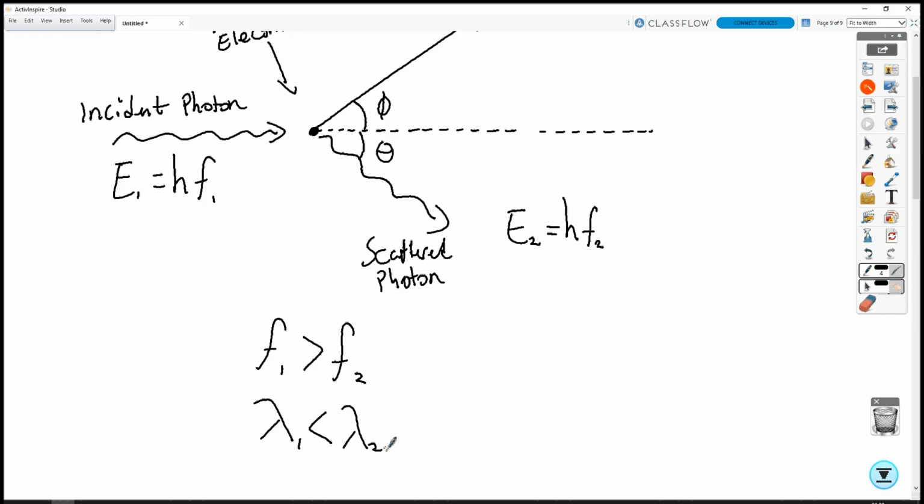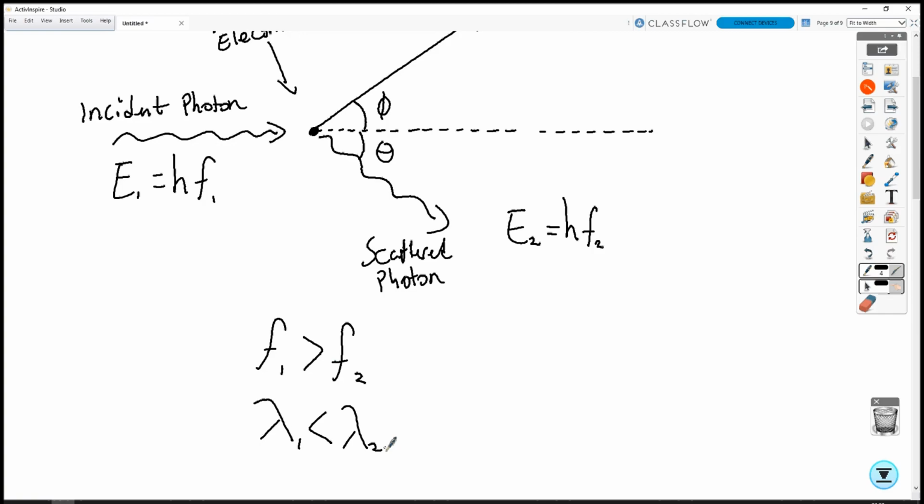So the vertical momentums cancel each other out, and the horizontal momentum of the electron and the horizontal momentum of the scattered photon will sum to the original momentum that the incident photon had before striking the electron.